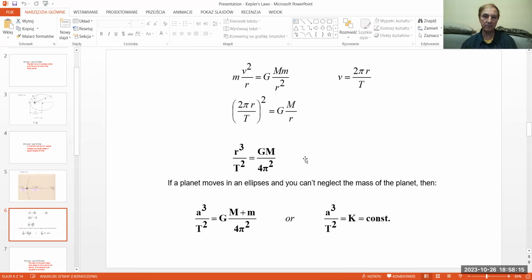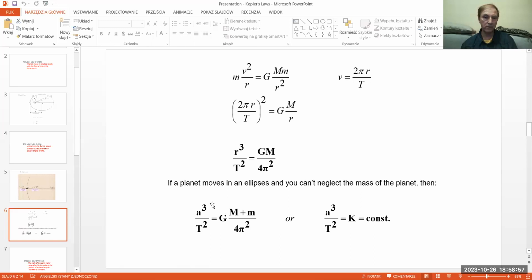Because we know that the planets move in an ellipse according to Kepler's first law, instead of the letter R, which stands for the radius, we can use the letter A, which stands for the semi-major axis. And in order to get this formula complete, without any errors, we need to take into account also the mass of the planet.